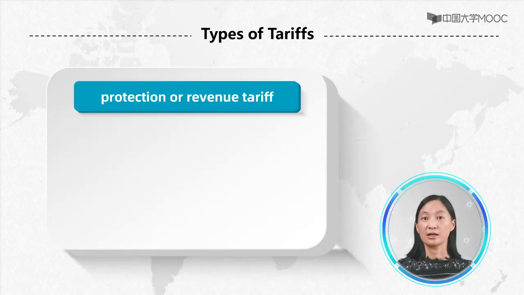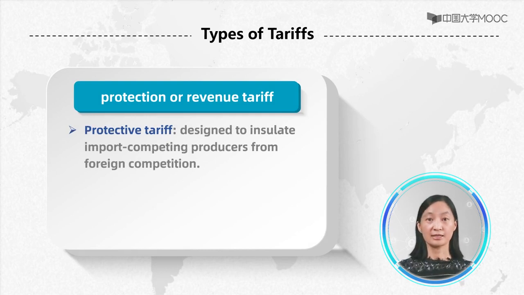In terms of purpose of collection, tariffs may be imposed for protection or revenue purposes. A protective tariff is designed to reduce the amount of imports entering a country, thus insulating import-competing producers from foreign competition.